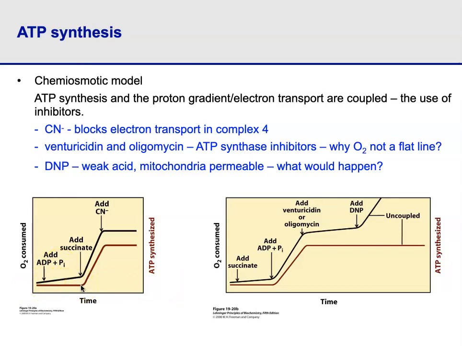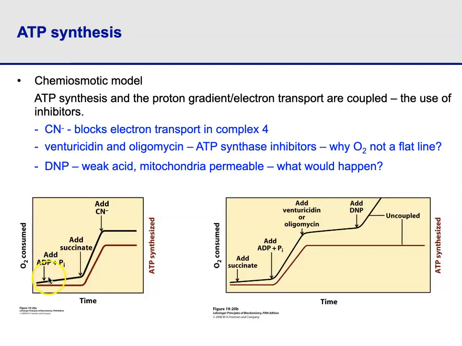What was missing is the electron transport process working well enough to provide the protons, but we haven't really proven yet whether the protons are indeed the linking moment or the linking factor for these two processes.